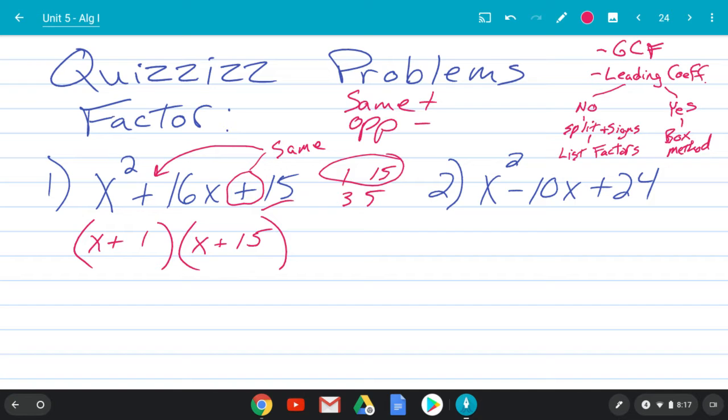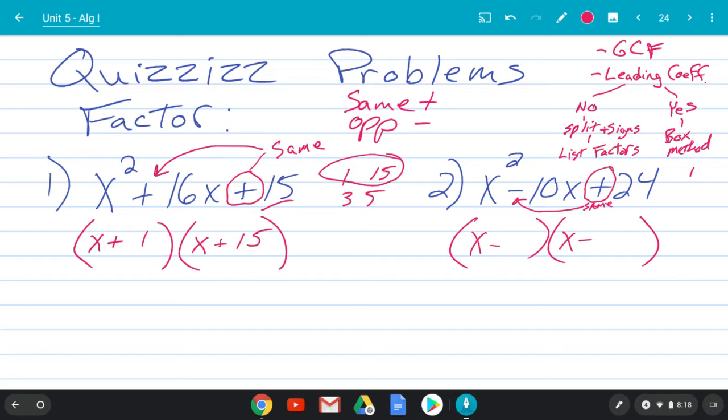X squared minus 10x plus 24. So, is there a GCF? No. Is there a leading coefficient? No. So split in signs. Two sets of parentheses, put an x in each. This tells me they're going to be the same, and they're both going to be negative.